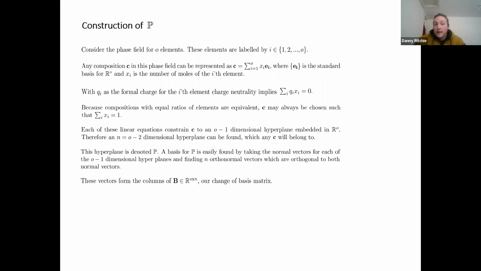I call this hyperplane P. A basis for P is easily found by taking the normal vectors for each of the O-1 dimensional hyperplanes and then finding n orthonormal vectors which are orthogonal to both of those normal vectors. And then these vectors will form the columns of B, which is our change of basis matrix.